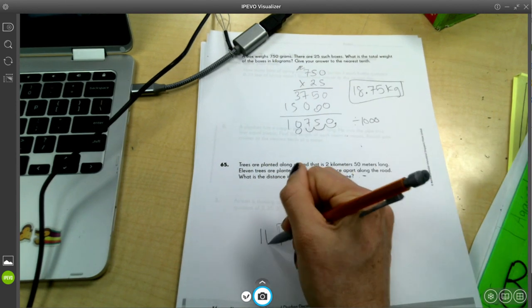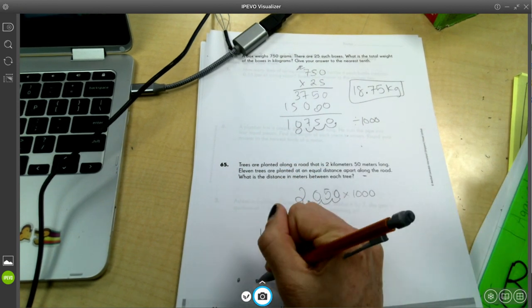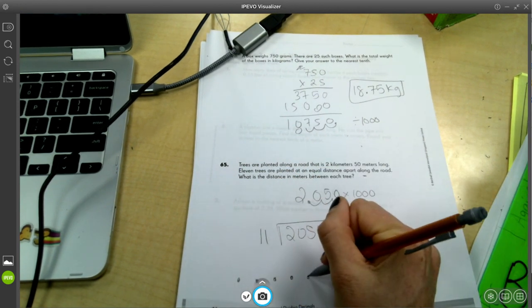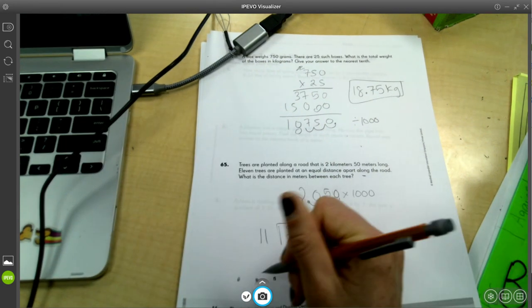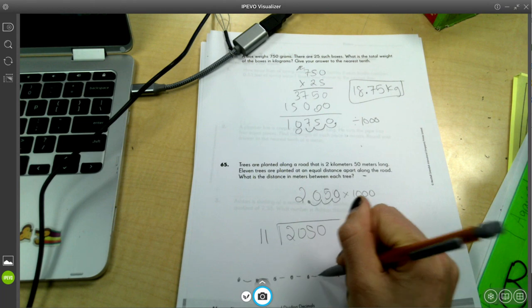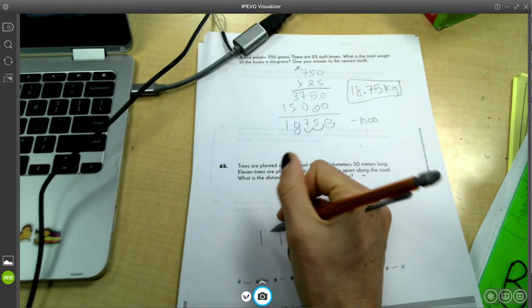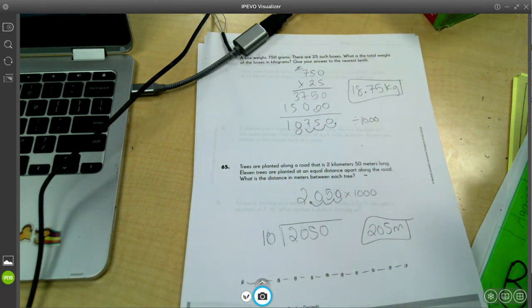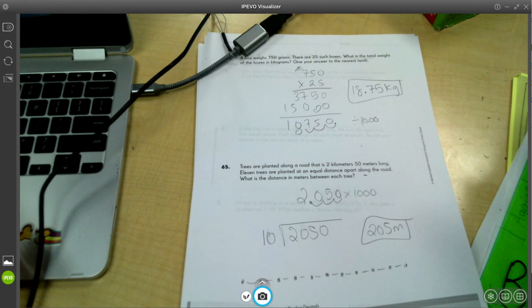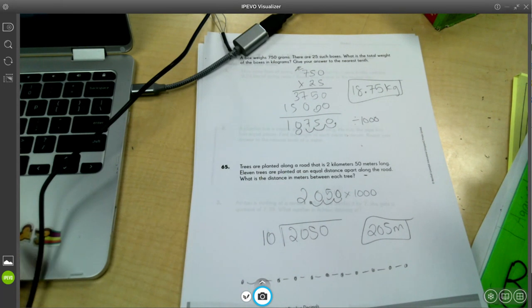Divided by 11 trees, there are 10 gaps, so divided by 10, 205 meters apart. There we go. All right, that concludes converting metric units.